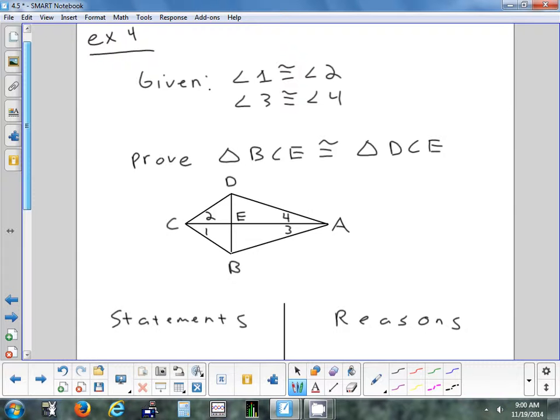Okay, so in this picture, they're telling you that angles 1 and 2 are congruent, and angles 3 and 4 are congruent. Let me outline in red what they want you to show. Show that BCE is congruent to DCE.